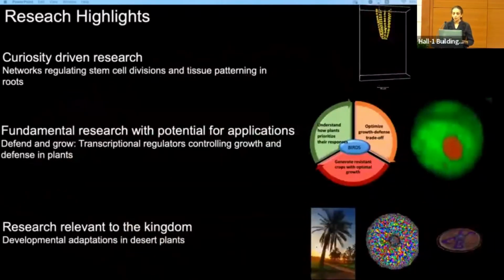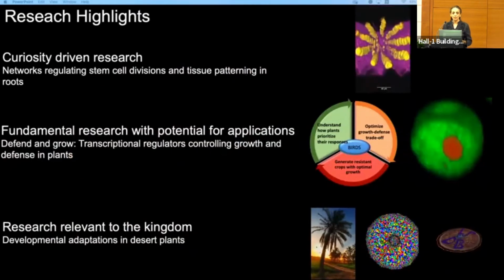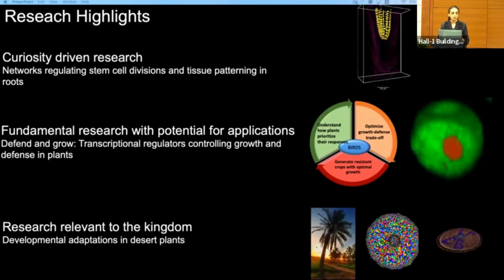That is a really great example that we should keep in mind if we want to achieve our aspirations. What we do at KAUST is have very broad programs, mainly converting basic science into translational research.